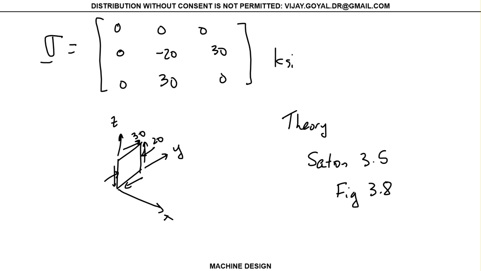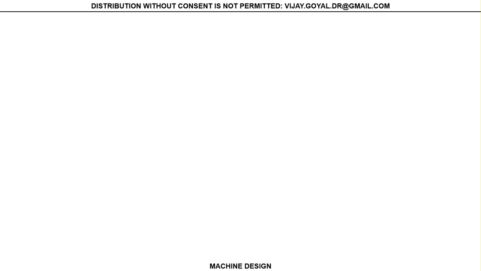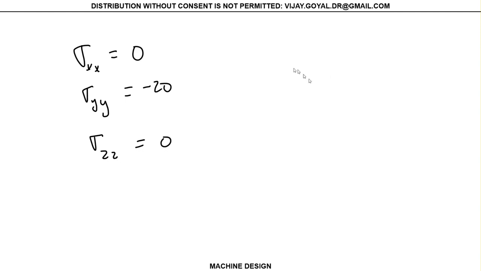Okay, so to solve this problem, what we can see is that sigma XX is equal to 0, sigma YY is equal to minus 20, sigma ZZ is equal to 0, tau XY is equal to tau XZ is equal to 0, and tau YZ is equal to 30.